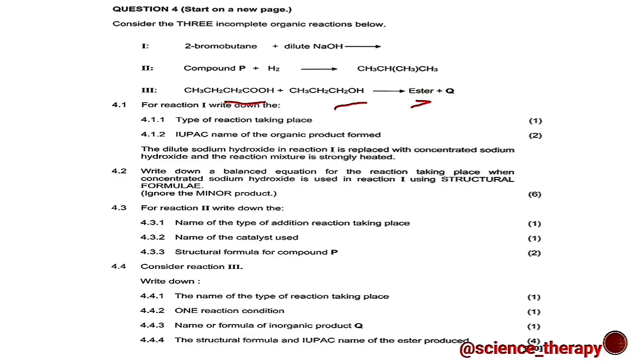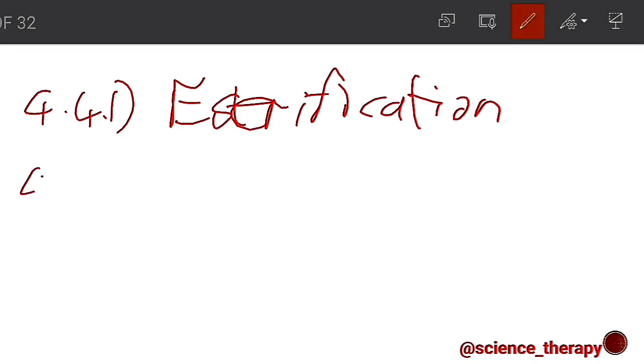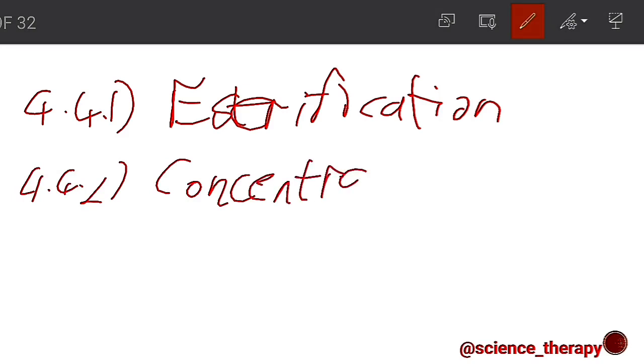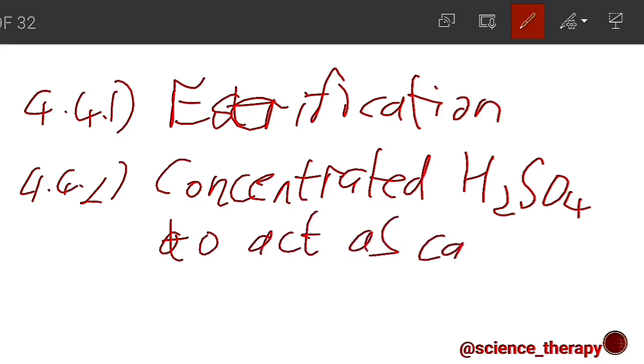Now 4.4.2 says one reaction condition. What is the reaction condition for esterification? We know it is that we need concentrated sulfuric acid to act as catalyst. To act as a catalyst, right?